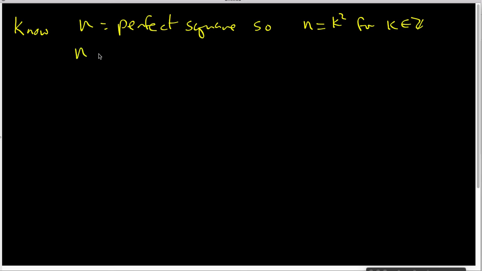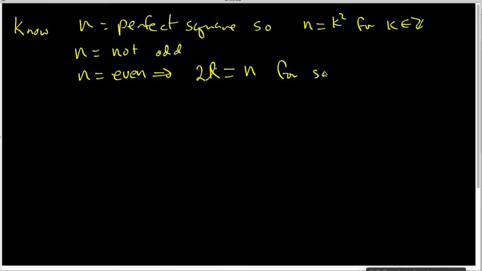And we know that n is not odd, which means n is even. And n is even means that n can be written as 2l, for some l inside the integers.